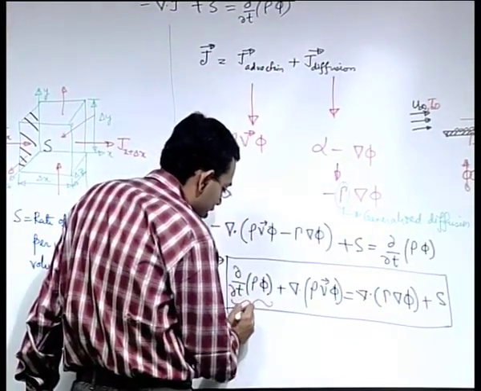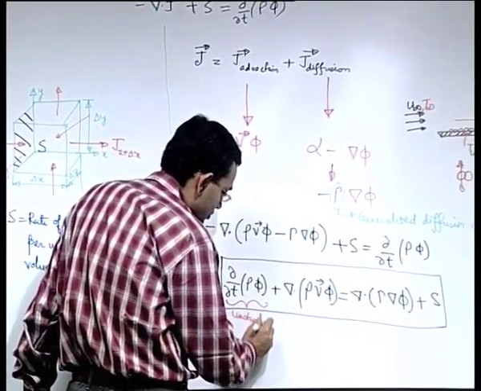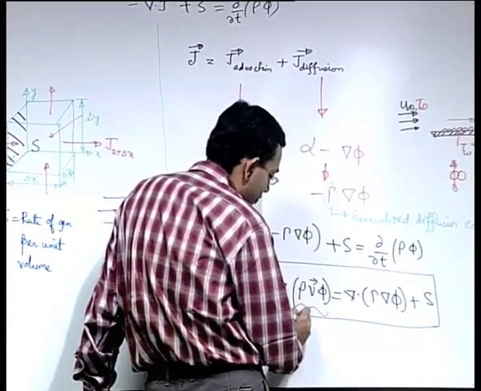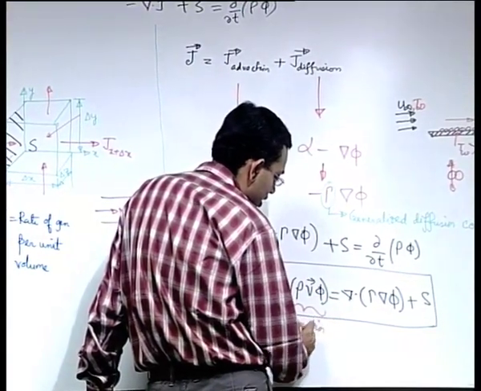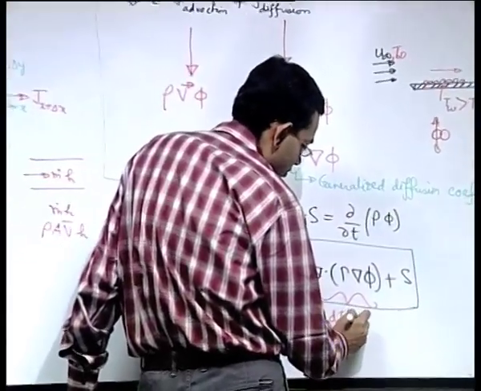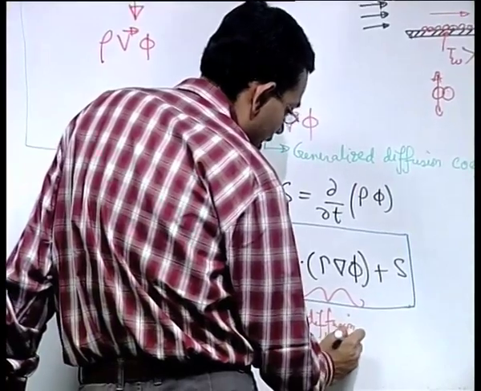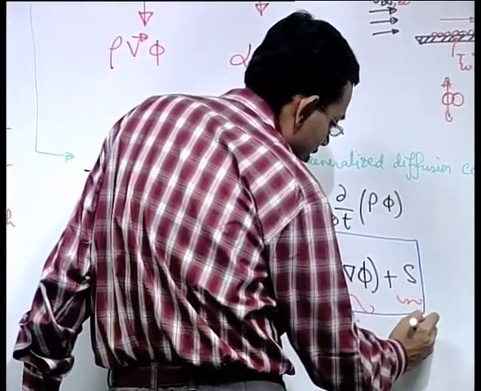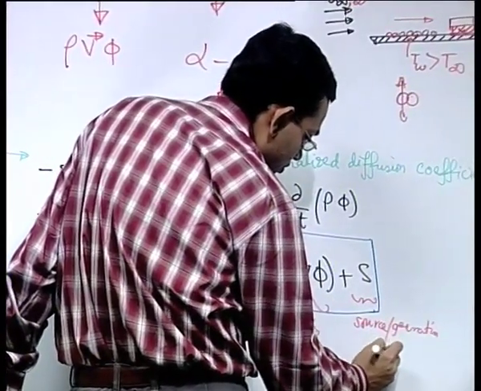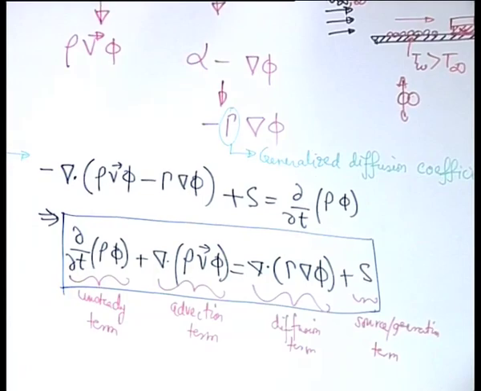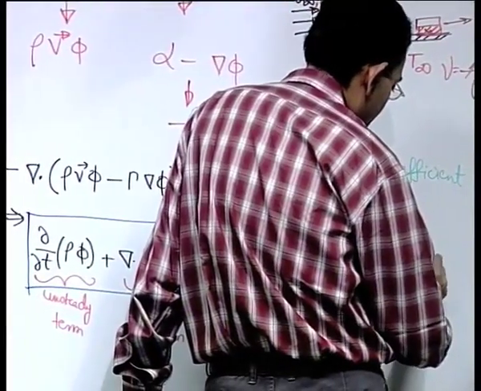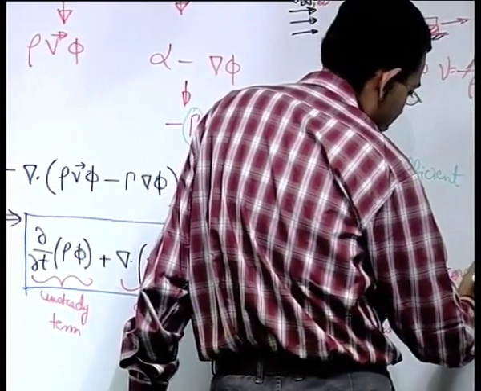This is the unsteady term, this is the advection term, because this has originated from advective flux. This is the diffusion term and this is the source or generation term. And this is the general form of the conservative form of the equation.